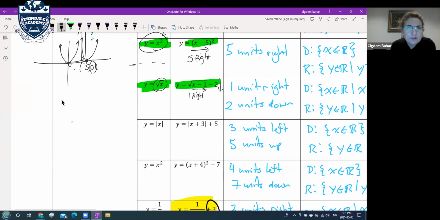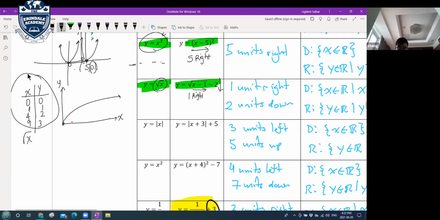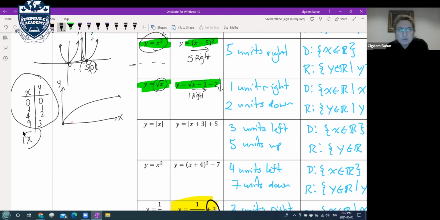So the square root function starts from 0 and goes this way. How do I know? Did I teach this yesterday? 0, 0, 1, 1, 4, 2, 9, 3. Did I mention these? This is the parent function, and these are the points for sketching your square root function.